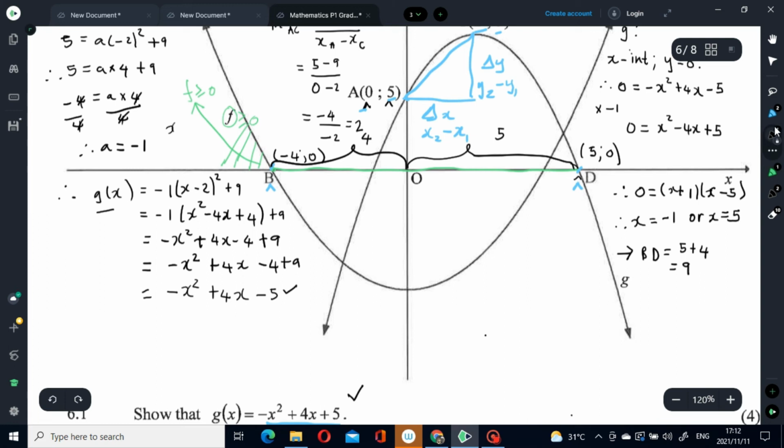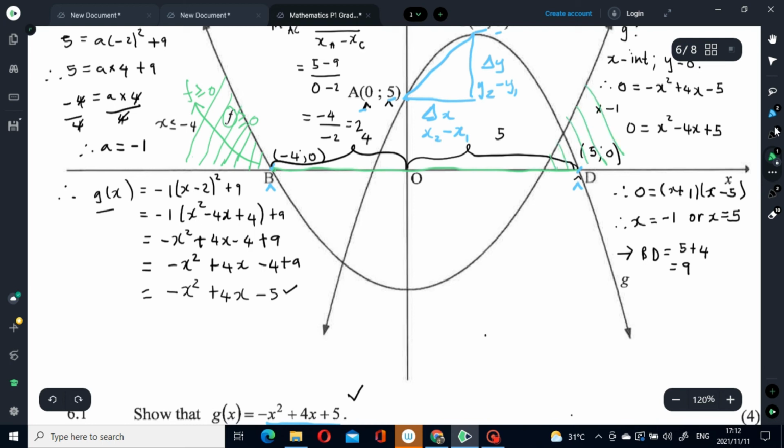So x should be less than or equal to negative 4. Okay, let me write this more clearly. X should be smaller than or equal to negative 4, right? But there's another region for which f is positive or equal to 0, and this here, starting from here, is the region.